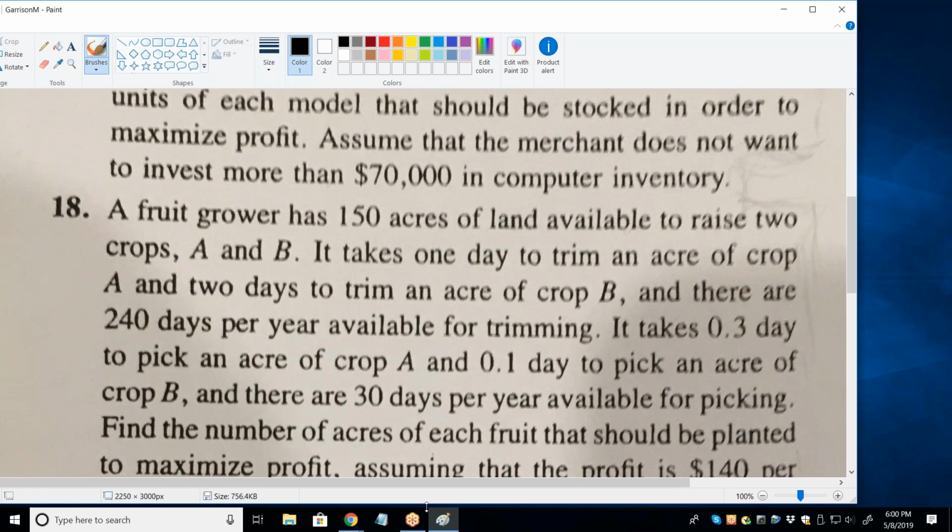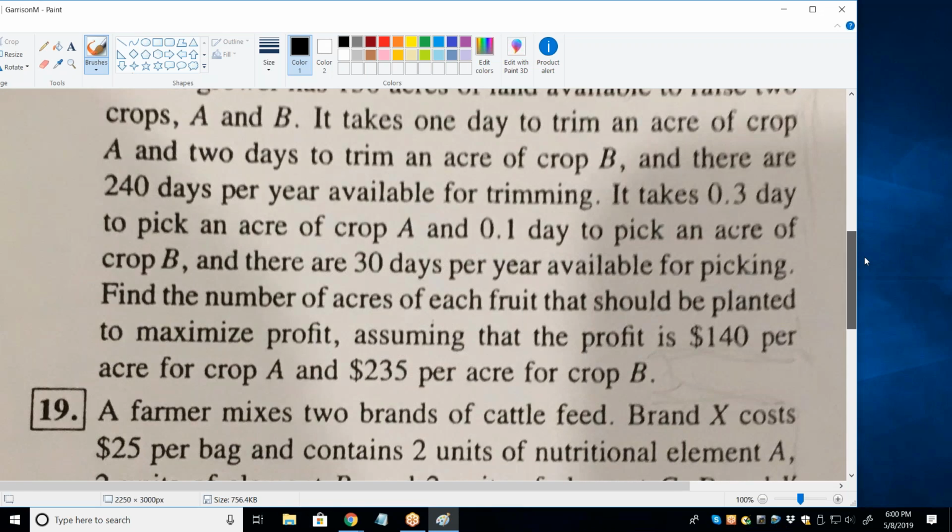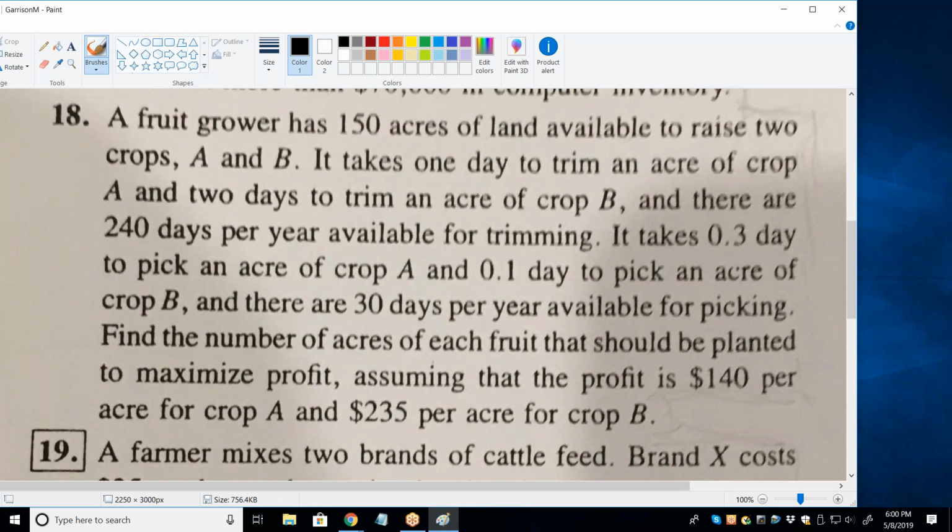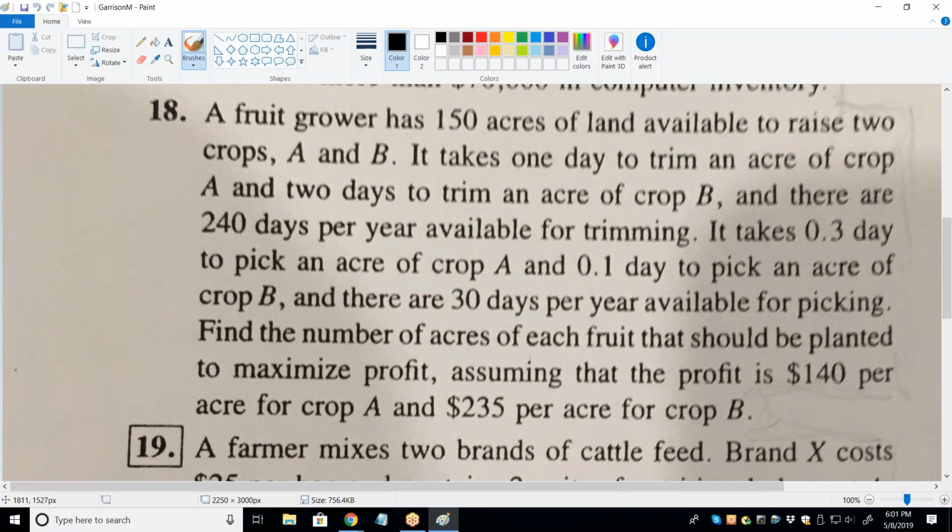And the most difficult thing on these is really setting them up. So let's see if we can set up 18, just on top of this page. And let's not worry about solving it as much as setting it up.